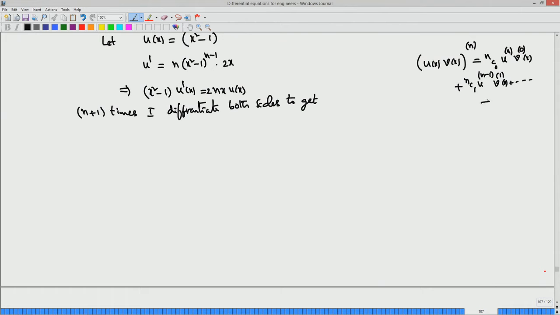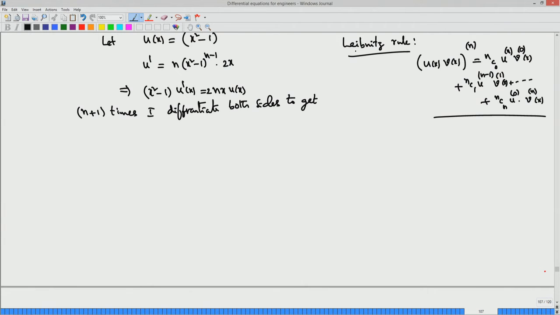Like this you go on, like a binomial formula, up to nCn u times v^(n), where u has n minus n, that is 0 derivatives. So this is the Leibniz differentiation rule, the Leibniz rule.